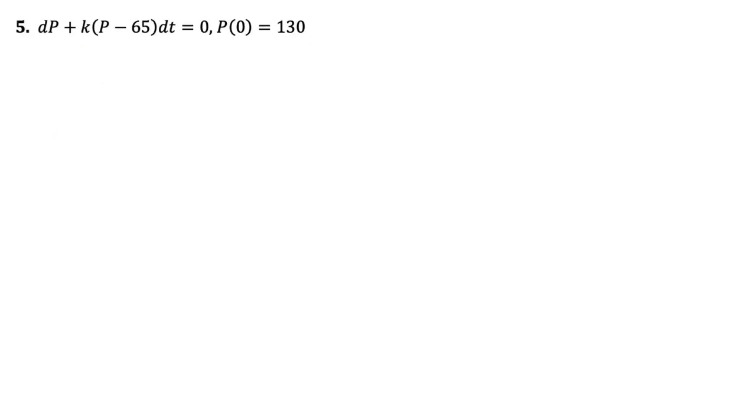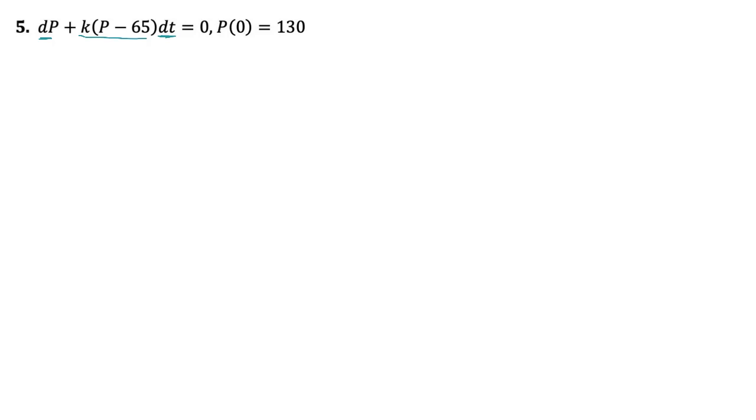Okay, and number 5, we're going to get dp on one side and dt on the other. So, when we're doing that, we already have this dp on one side, and so it looks like we're going to have to move this entire other term in order to get dt on the other side.